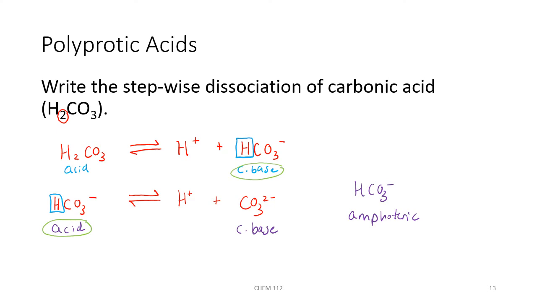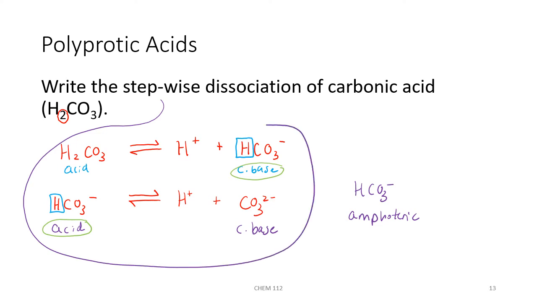But this represents the two-step dissociation of carbonic acid. So at equilibrium, the species that would be present in your flask, both of those reactions are going to occur, and we would have some molecular carbonic acid, protons, hydrogen carbonate, and the carbonate ion present at equilibrium, because we're going to have both of those dissociations occurring.